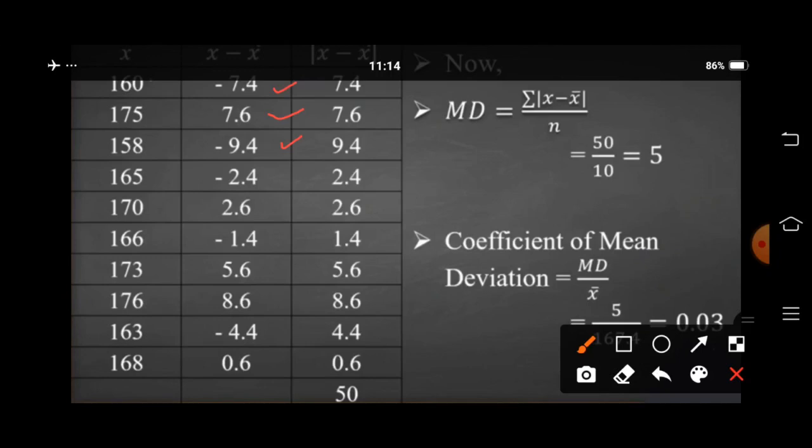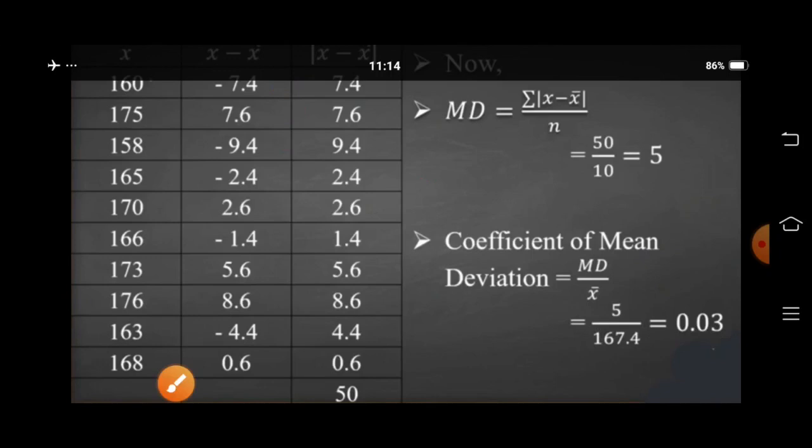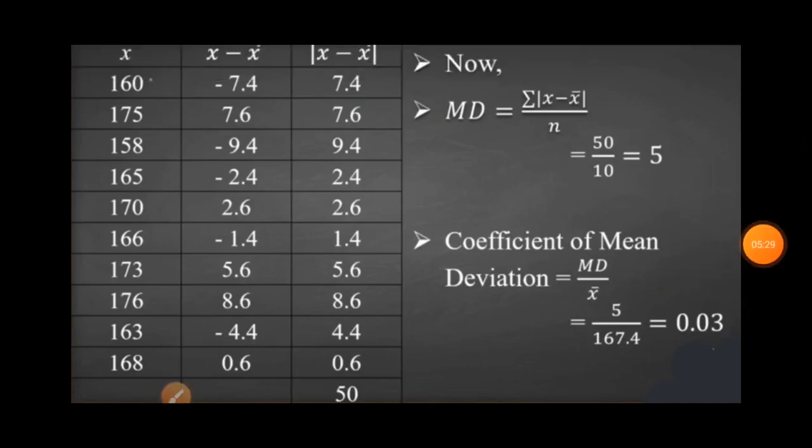Now here we are going to find the absolute value. Absolute value is the difference of a number from 0. It is always positive.